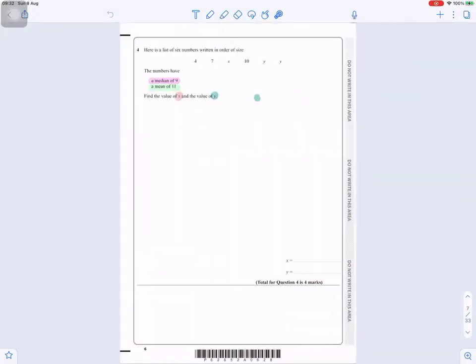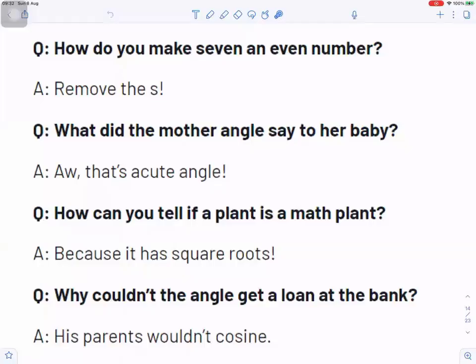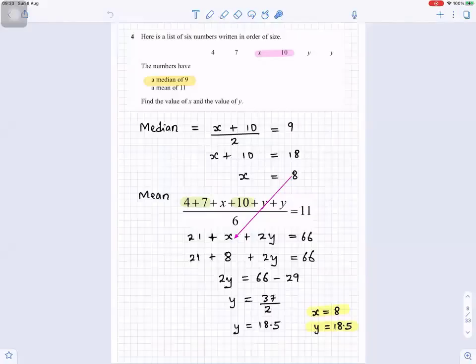Question number 4. Here is a list of 6 numbers written in order of size. The numbers have a median of 9, a mean of 11. Find the value of x and the value of y. The median: you add the two numbers in the middle, because there's 2 on the left, 2 on the right.